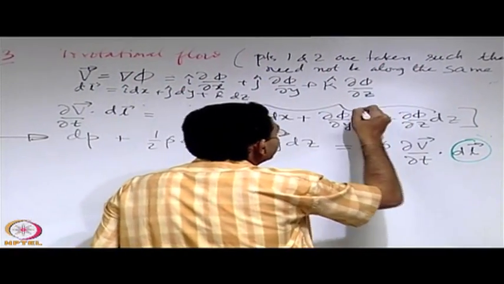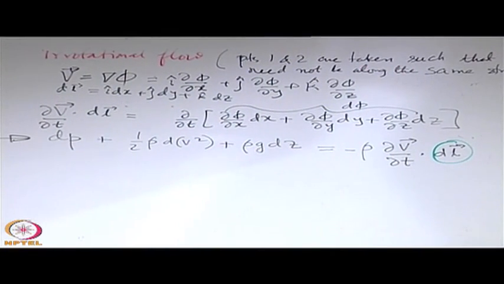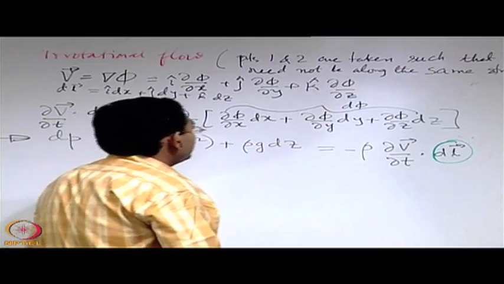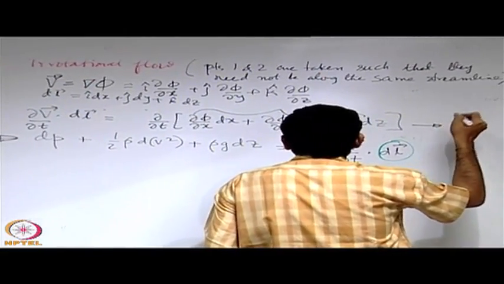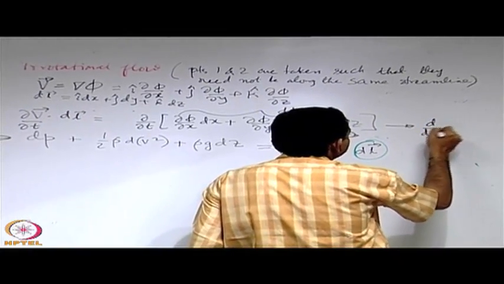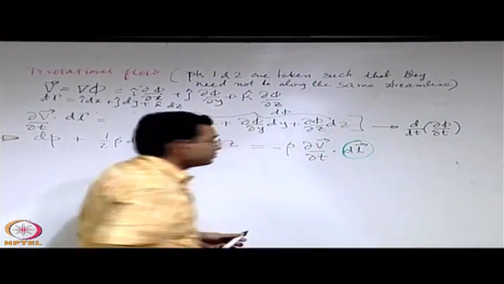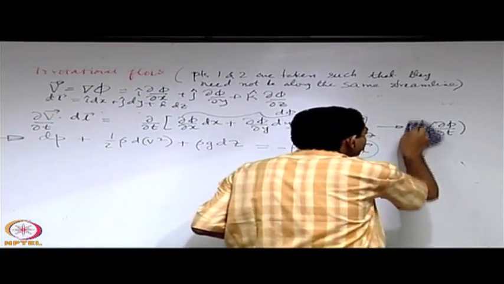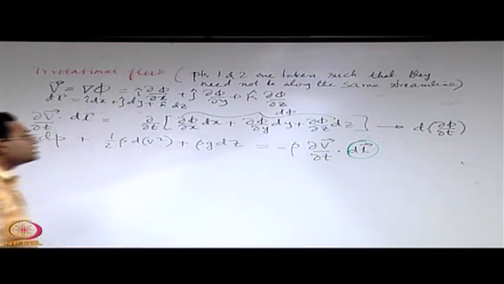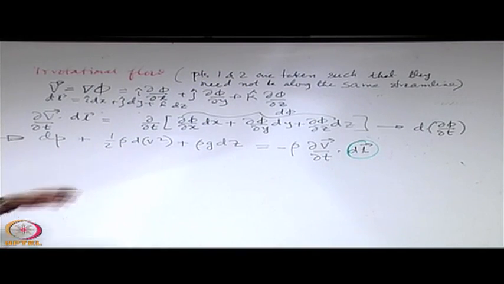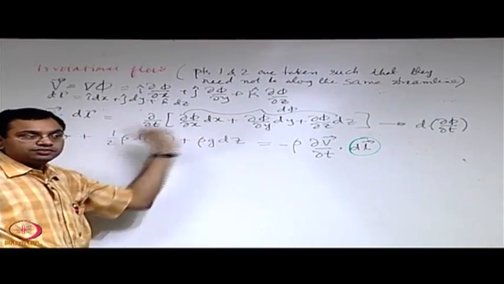So what is this? This is the total change in the velocity potential. You can also write it as d of the partial derivative of phi with respect to t, because you have to remember that d and these del operators are interchangeable mathematically.